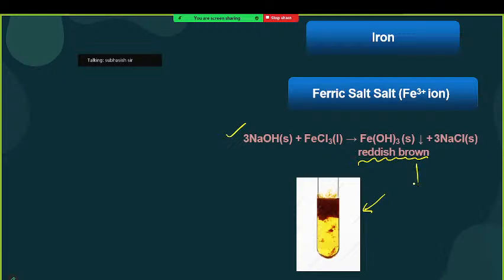When excess sodium hydroxide is added, there is no change in the precipitate; it will be present as it is. So this is the identification test of ferric ions present in the salt. You get a reddish brown precipitate of ferric hydroxide.